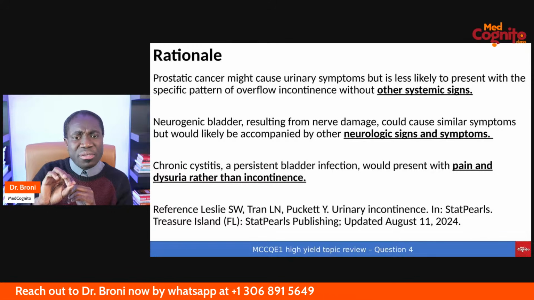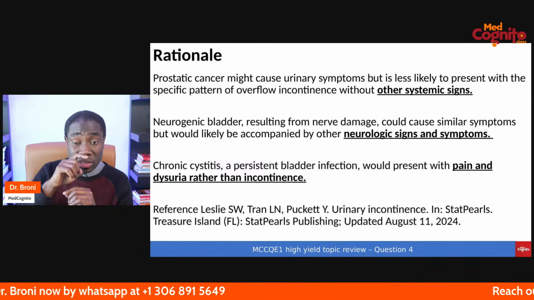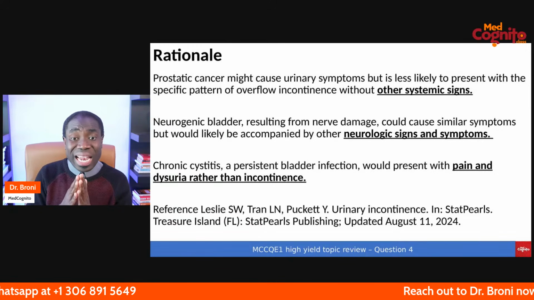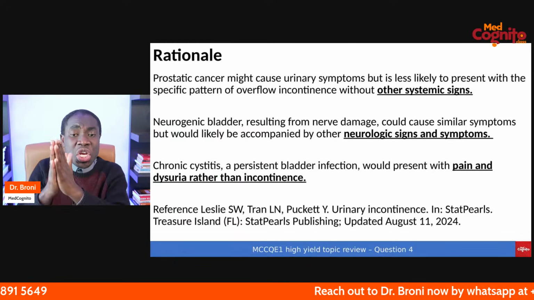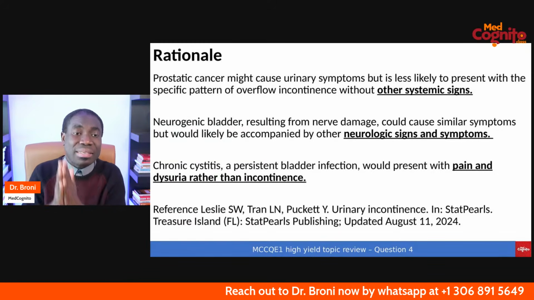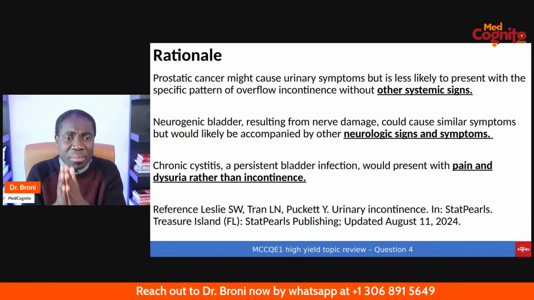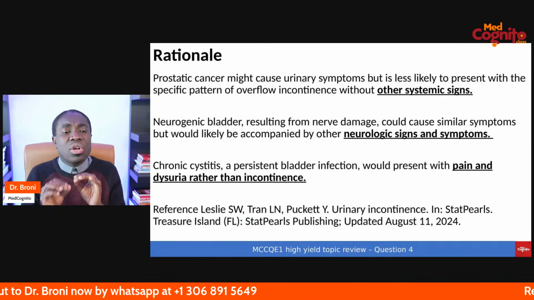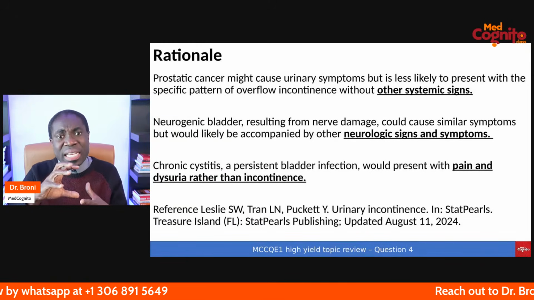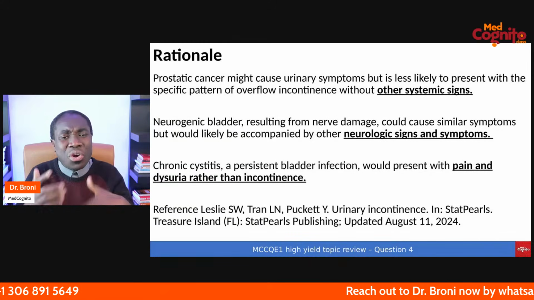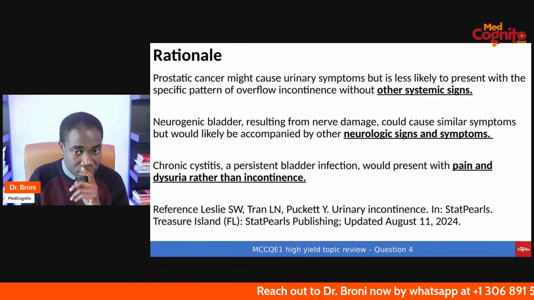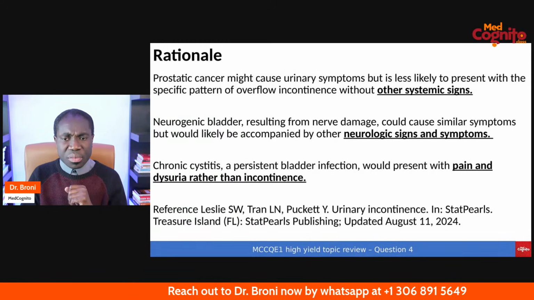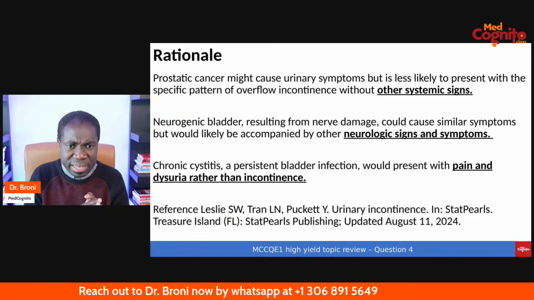Neurogenic bladder resulting from nerve damage could cause similar symptoms, but would likely be accompanied by neurologic signs and symptoms. So how do you pick up neurogenic bladder in your board exam? Always look out for the fact that the question will add some neurologic symptoms of a sort. Okay, now, chronic cystitis.